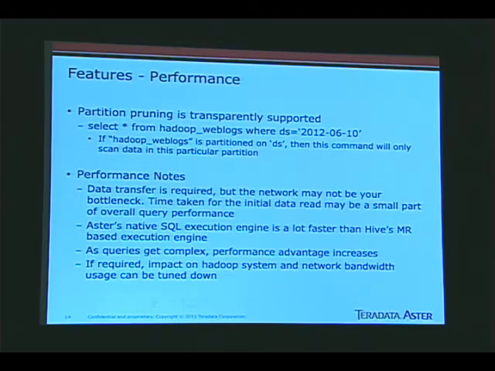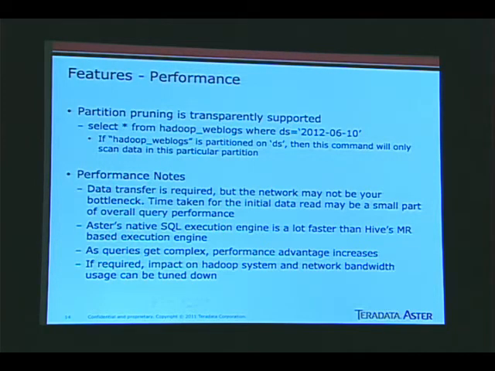So depending on the size of your system, the data transfer may not be a bottleneck because your network may not be a bottleneck. It may just be your disks that are a bottleneck, and in that case, you're bottlenecking on both systems. Additionally, depending on what you're doing with the data, the time taken for the initial data read, like the first read from disk, may not be the largest amount of time on your system, right?